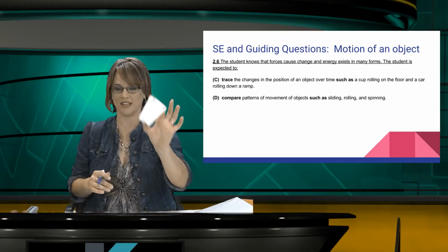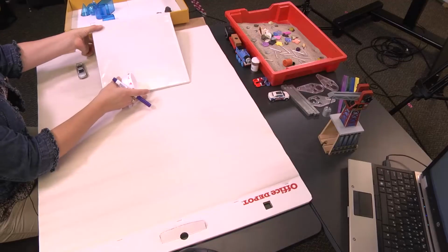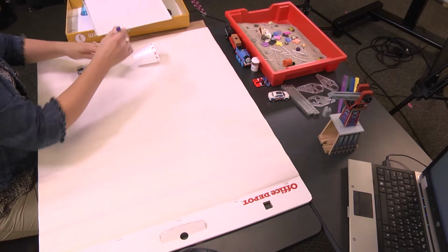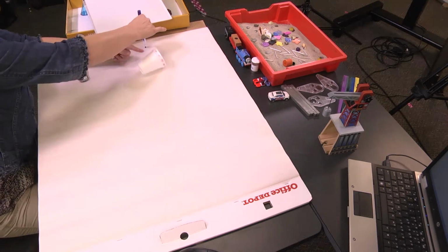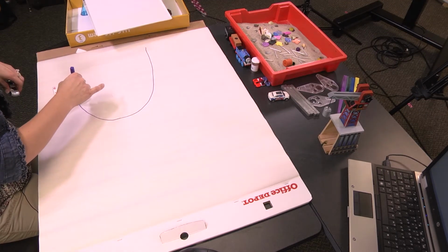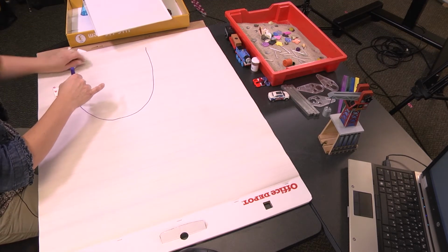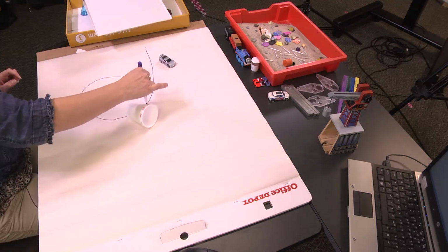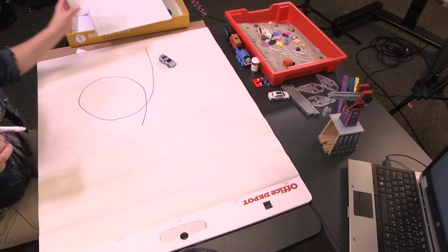So our students will be taking a cup on a basic piece of butcher paper, and as we push the cup, the students will trace the travel path of the cup until it stops, and absolutely they can push again and follow the travel path of the cup.